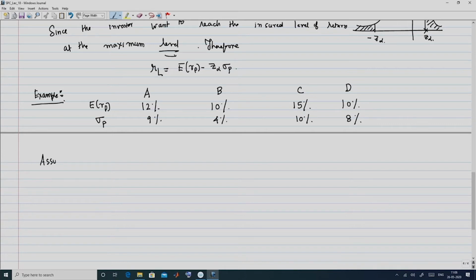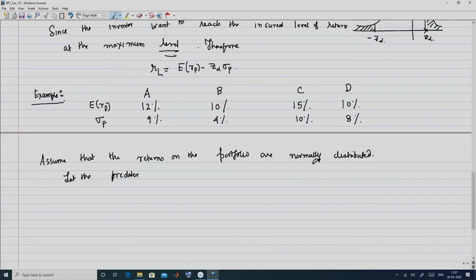Now, again this is for illustrative purposes, and this argument can be extended to any distribution that can be specified using mean and variance. So, assume that the returns on the portfolio are normally distributed. Now let the predetermined level of alpha be 5%.